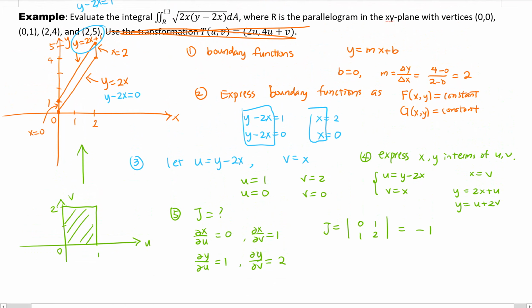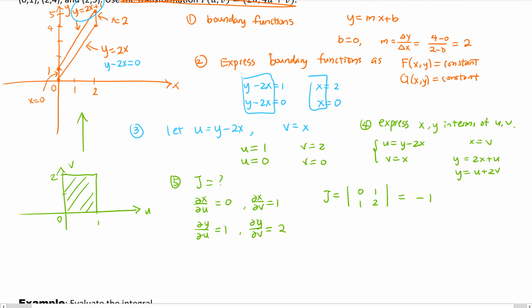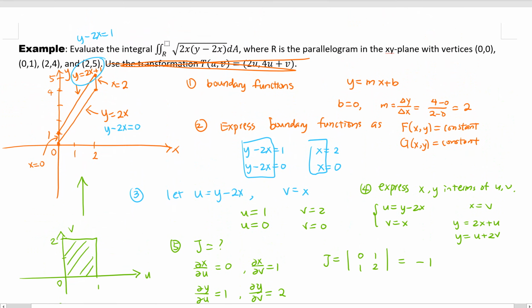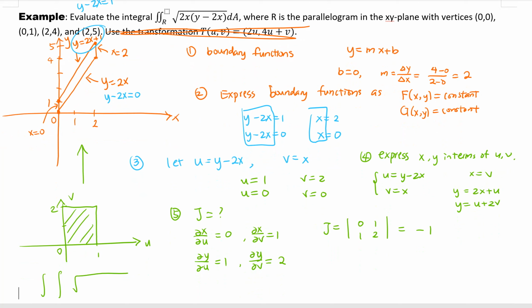So let's continue. Let me see, do I have enough space here? Okay, so let's set up the integral. Now we have the f: square root of 2x. What is 2x? That's 2v. y minus 2x is u. dA is the absolute value of the Jacobian determinant. Because now it's a rectangle, du dv and dv du are just the same.